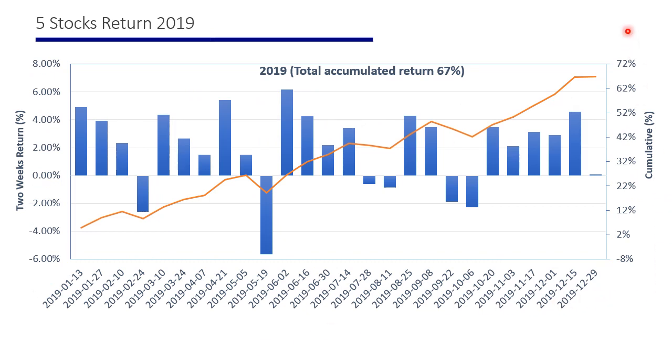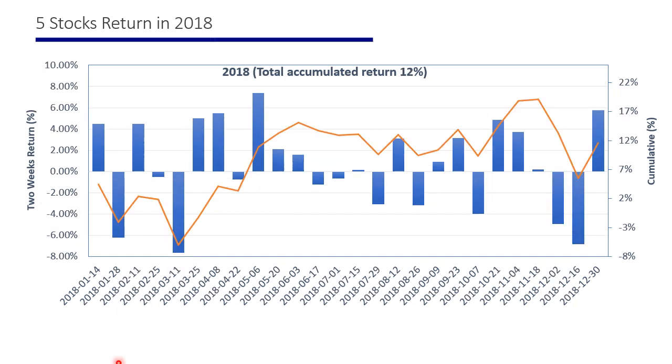2019, the return of this method, as you see, reached something around 67%. And as you see, the maximum was something around 6%, which happened in June, and the minimum return was also close to -6%, which happened in May. As you know, 2018 was not an ideal year for trading.